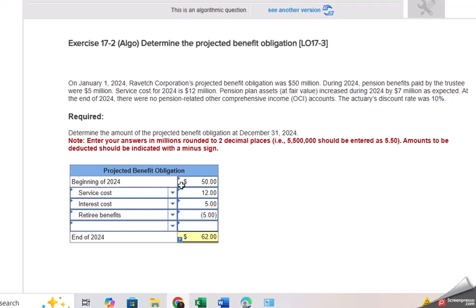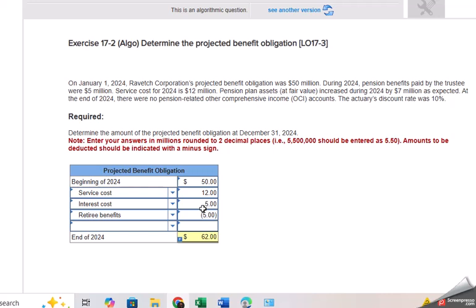So we start with the beginning balance, and we always add the service cost, because that's going to increase our liability. It's for the work that our employees did this year. It increases their pension benefits. Then the interest rate is 10%, so the 10% times the 50 million is how we calculate that interest cost.